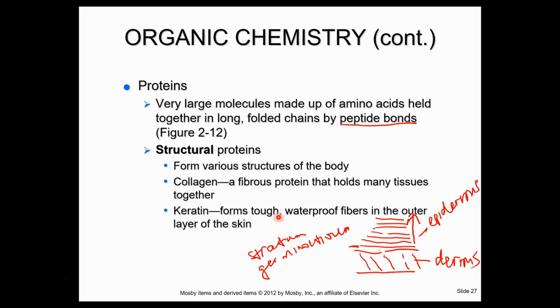The proteins can play 2 roles. Some of them are structural, what's called structural proteins. For example, your collagen. You know, collagen is the foundation of your connective tissues. For example, your bones, a good part of your skin is collagen.